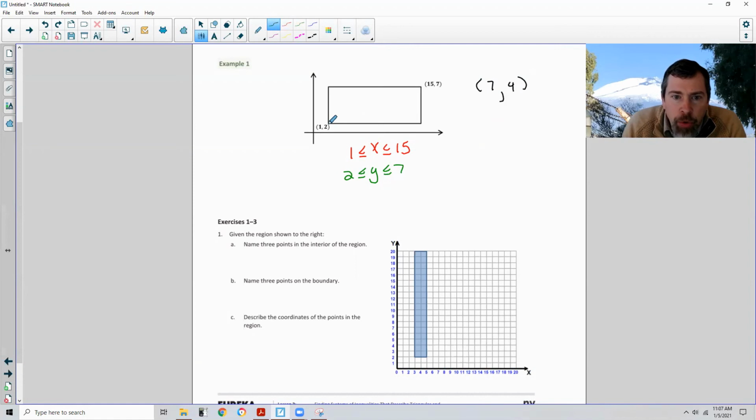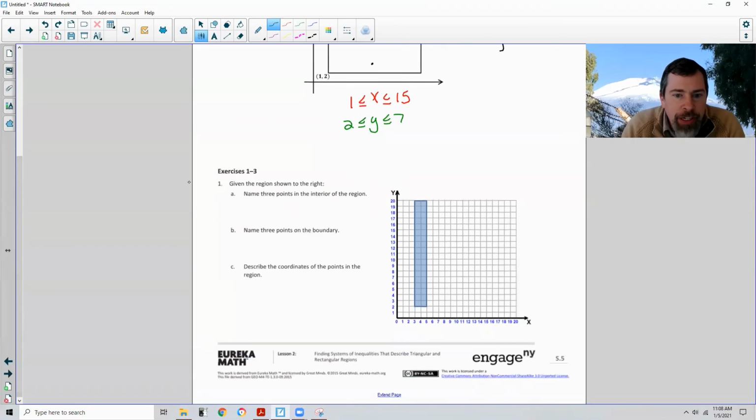So that would mean go over, if this is 1, 2, 3, 4, 5, 6, 7 would be somewhere around here, and up 4, here's 2, 4 would be somewhere around here, just for an example. So any point in this region, we're restricting domain and range, okay? And that's, I think, all I'm going to say about that diagram.